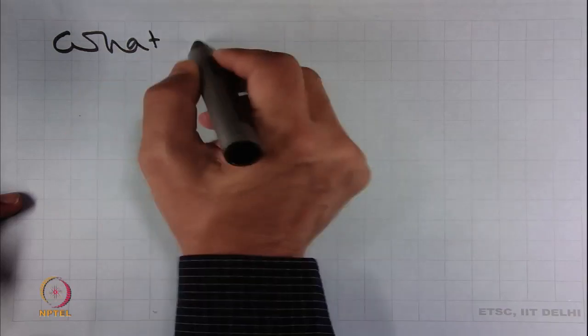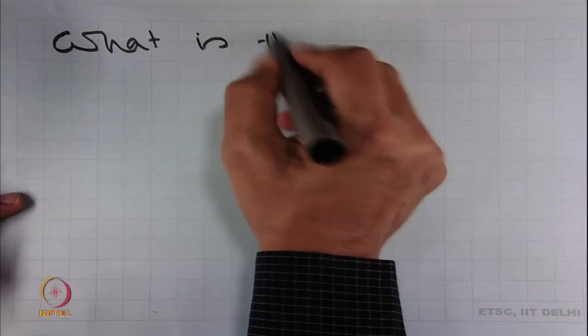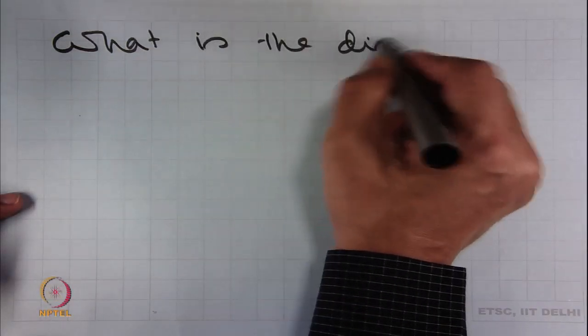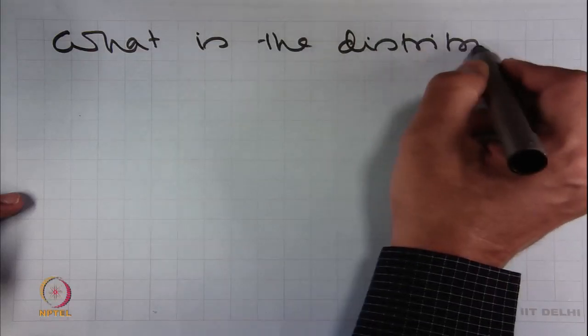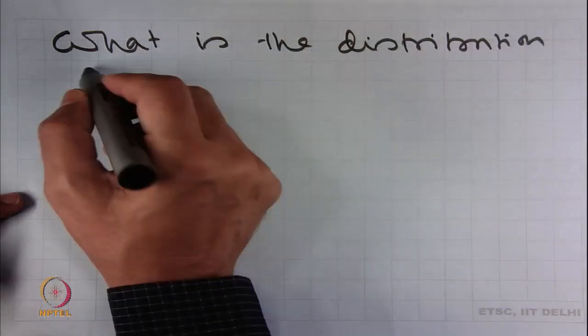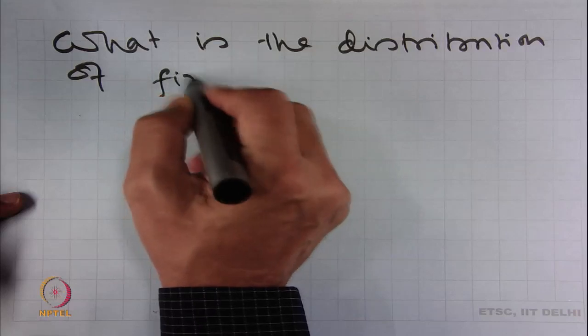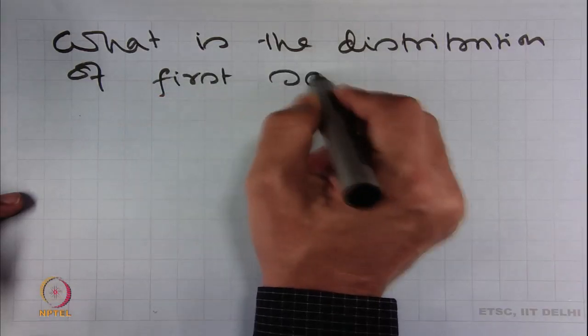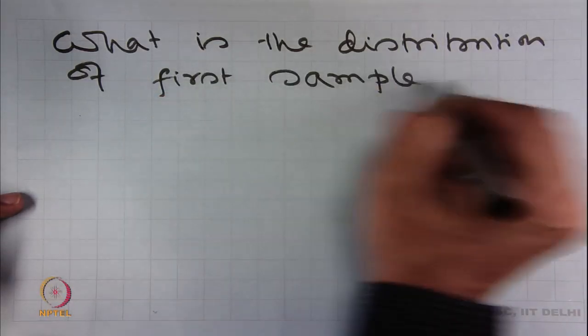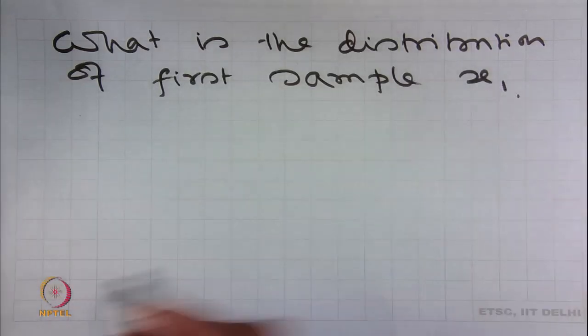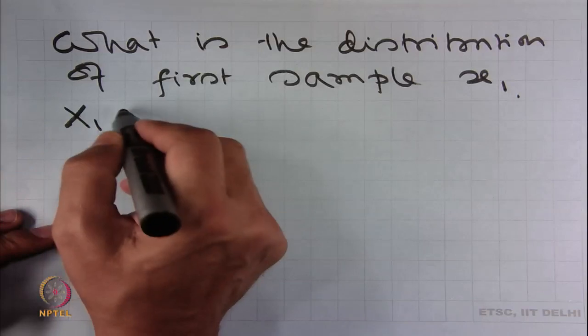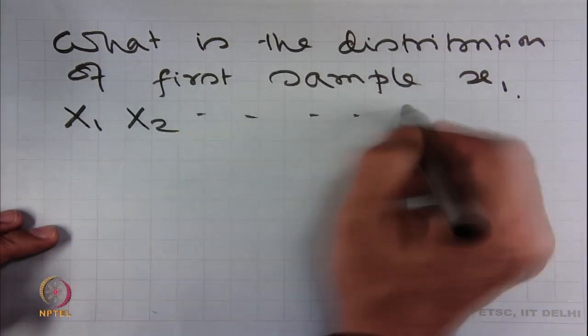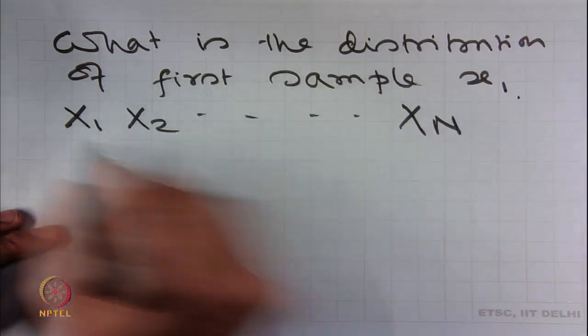Therefore, let us look at what is the distribution of the first sample. So, you have x1, x2, ..., xN as the population.